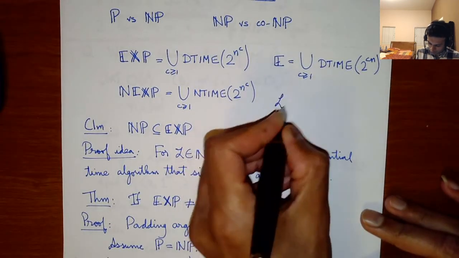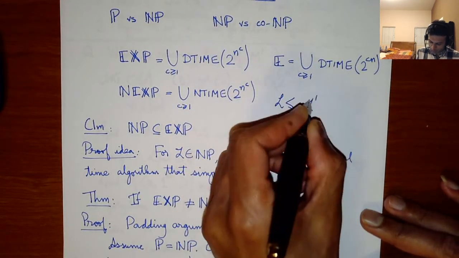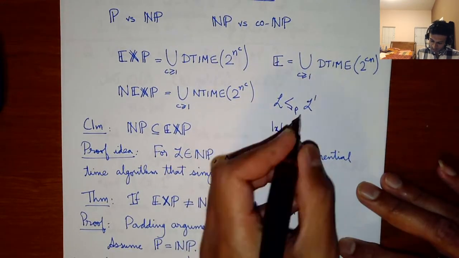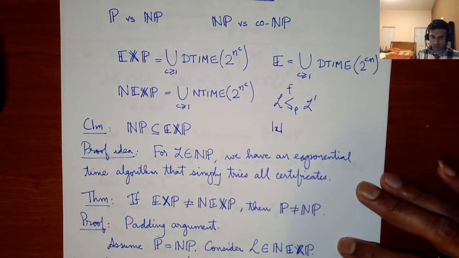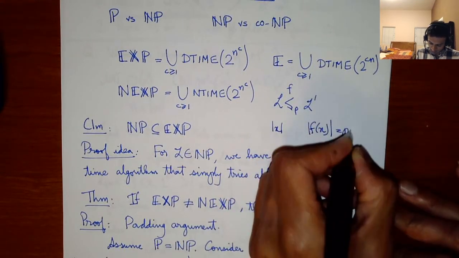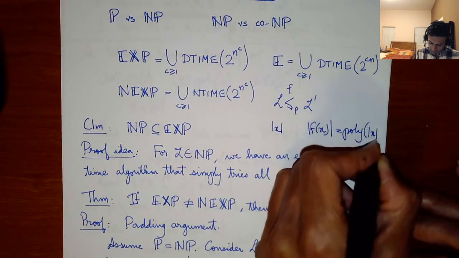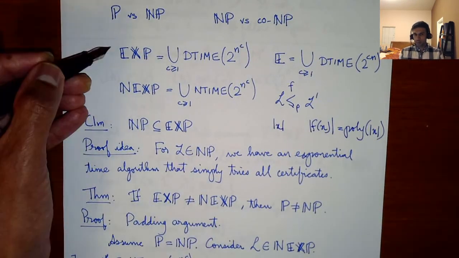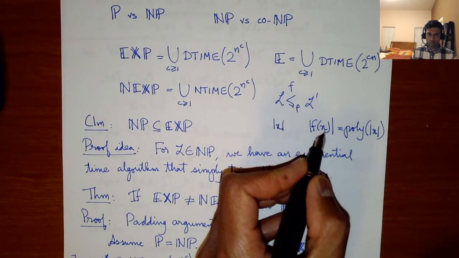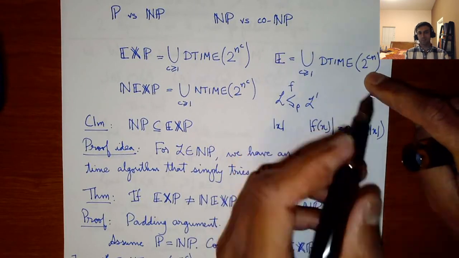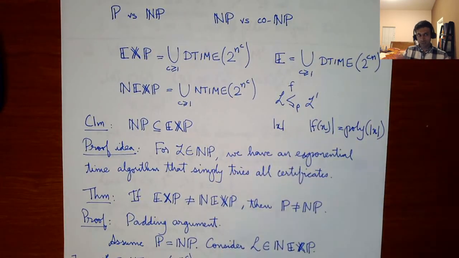Because when you go from L to L prime, you start at some input x, and let's say your mapping reduction is f, then the size of f of x is polynomial in x. So if you ran an exponential time algorithm on f of x, you would get 2 to the n to the c, even if you had 2 to the cn runtime. So you wouldn't have these nice closure properties under doing reductions.